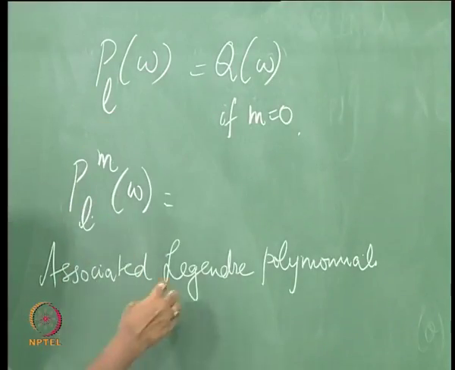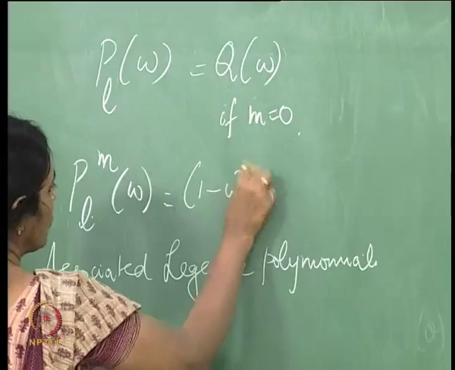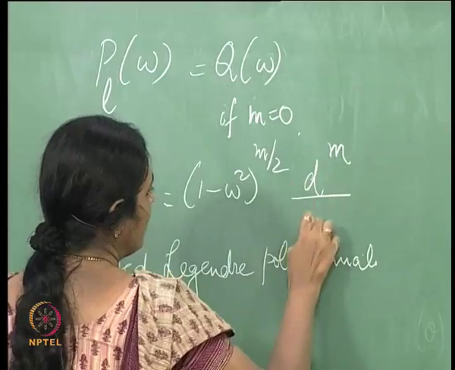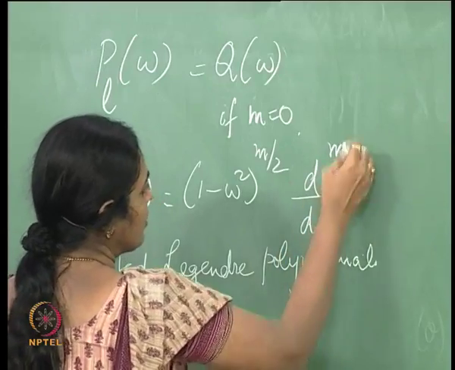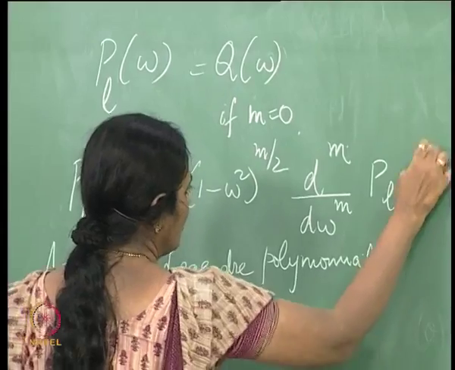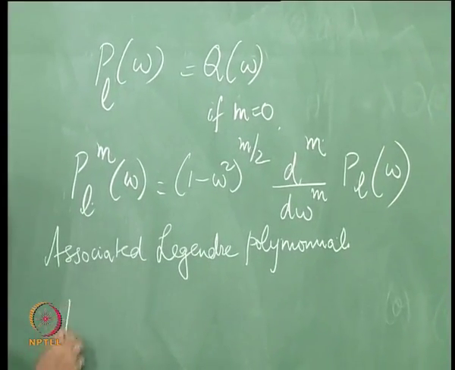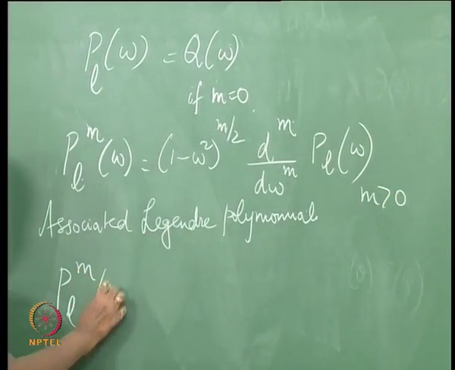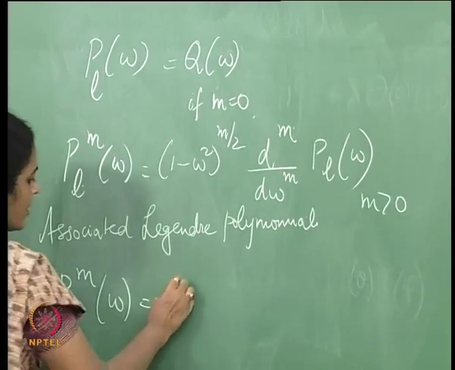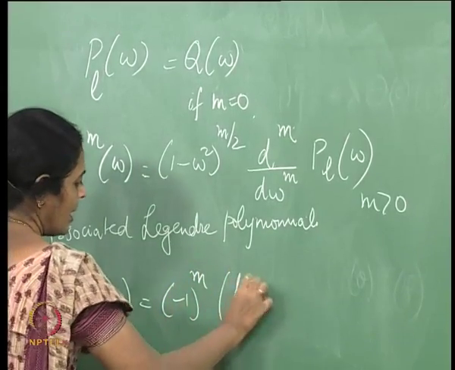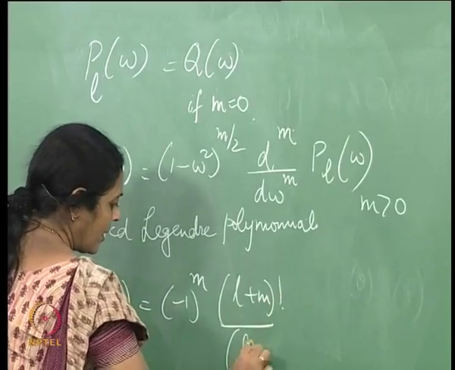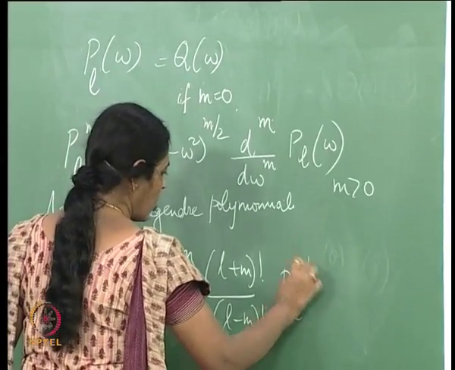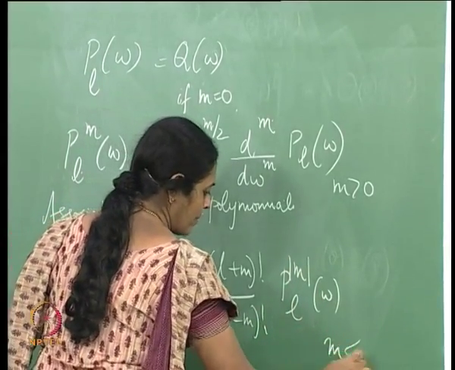And they are defined in terms of PL of w as 1 minus w squared to the m by 2 times the mth differential of PL of w. This is for m greater than 0, and I can define it also for m less than 0. If m is less than 0, it is minus 1 to the m, L plus m factorial by L minus m factorial, PL mod m of w.